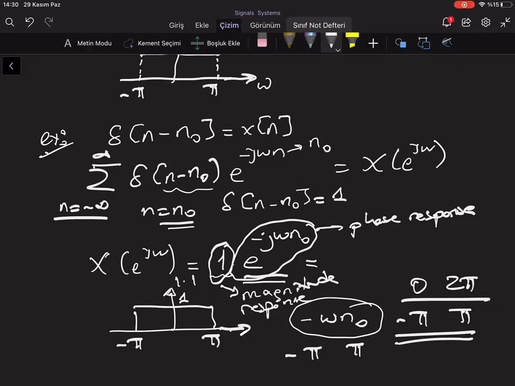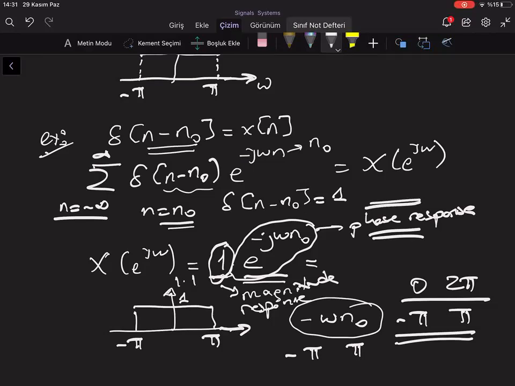And when we multiply two things, in terms of magnitude, this one will be effective. And in terms of the phase response, how much this function will have an effect on the phase of the other signal.